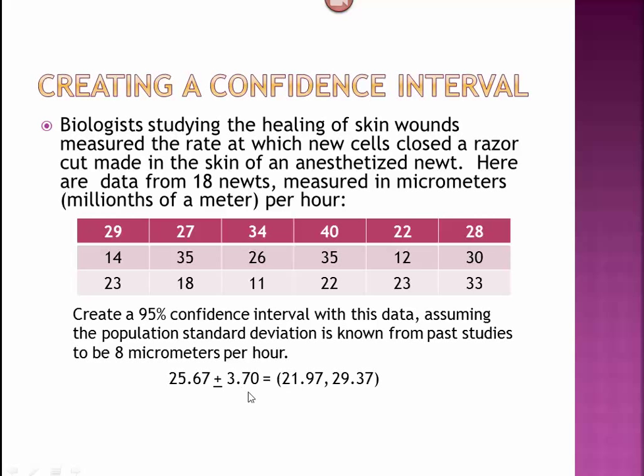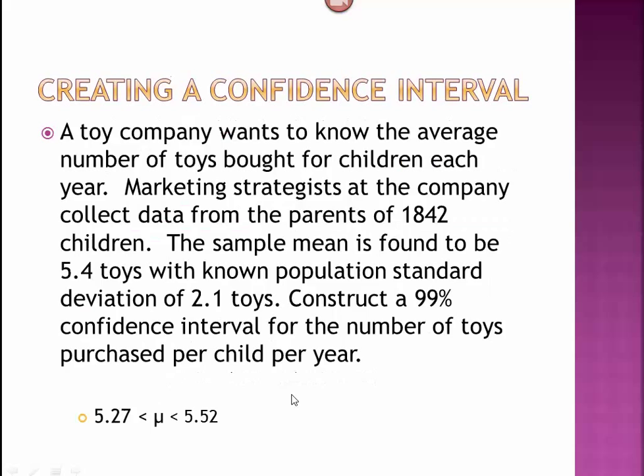So there are 3 basic ways that it's reported. Number 1 is this way, point estimate plus or minus a margin of error. Secondly, an interval notation, where we have a lower boundary, comma, upper boundary, which should always be surrounded by parentheses. And then, of course, we have the last one, which is a trilinear inequality, where we have the value that we're trying to estimate, mu, in the middle.